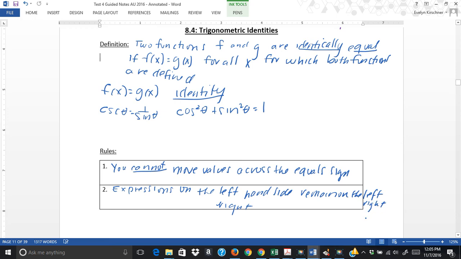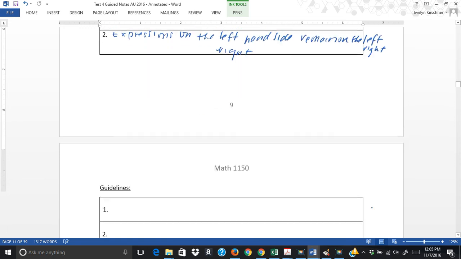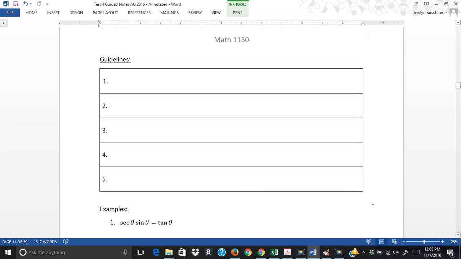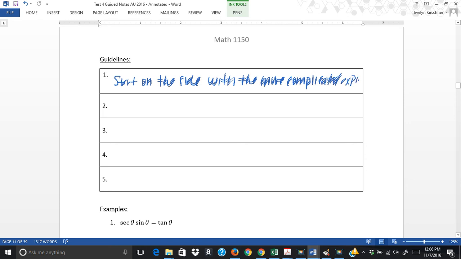So I want to talk about some guidelines that we use when we solve. So my guidelines are, usually what you want to do is start on the side with the more complicated expression.